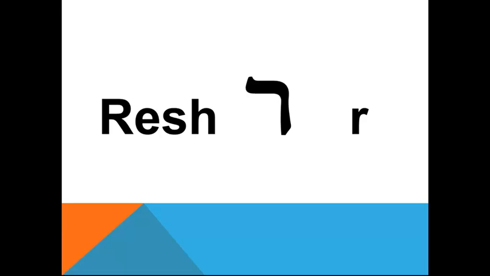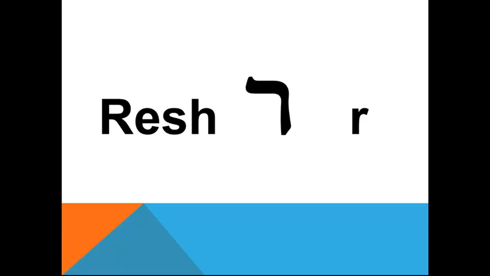And this is the R. I suppose the Hebrews would pronounce it not so much like we would in English, but a little bit more of a guttural R, a little bit more like maybe a German R, resh, if you really want to be authentic.